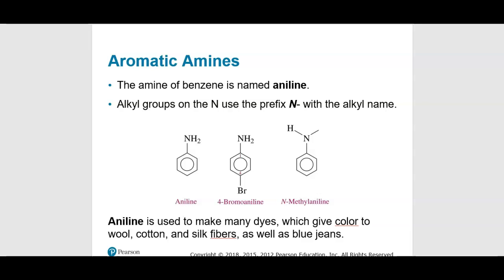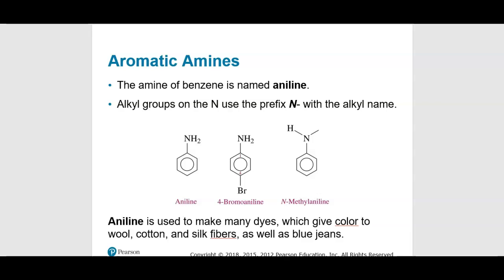So you have aniline, and with the basic aniline structure, carbon 1 is the carbon that carries the amino group, the NH2. So you see the next one, there's 4-bromoaniline.